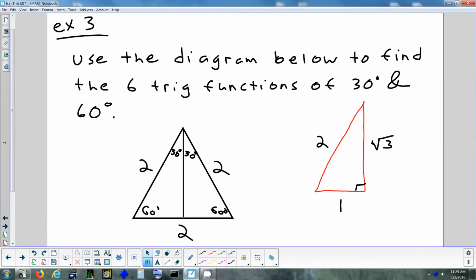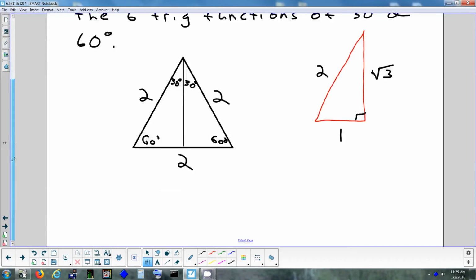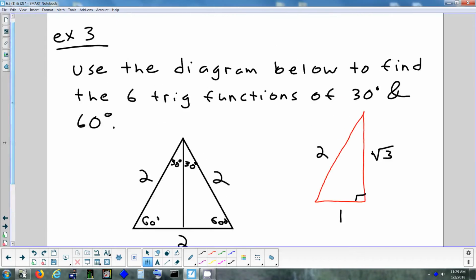Now it's just a matter of filling in all 6 trig functions. Let's start from the perspective of the 30. When we do the 60, then we're going to switch opposite and adjacent.